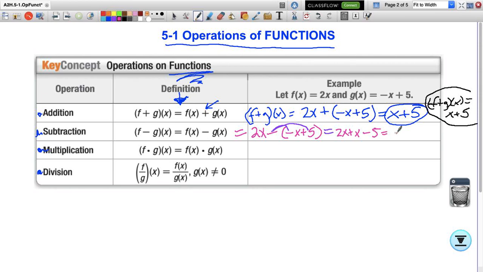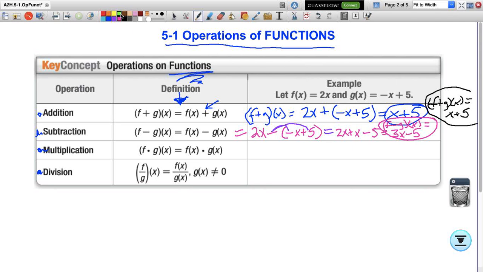Well, 2x plus x is 3x, and I'm going to keep it as 3x minus 5, all right, after I combine like terms. In order to have this correct, I need to make sure to put my label, f minus g of x equals, and then my actual solution, right? We need to make sure we put our input and our output.